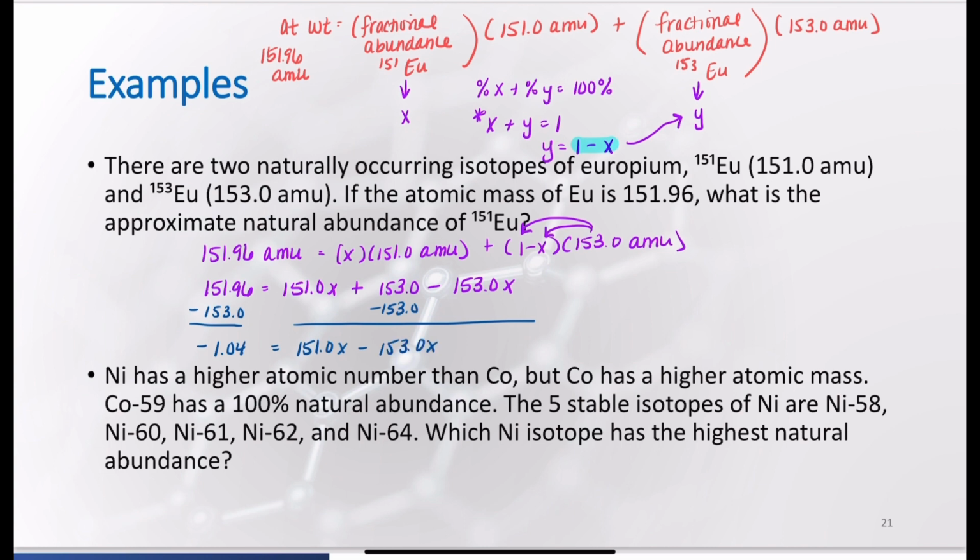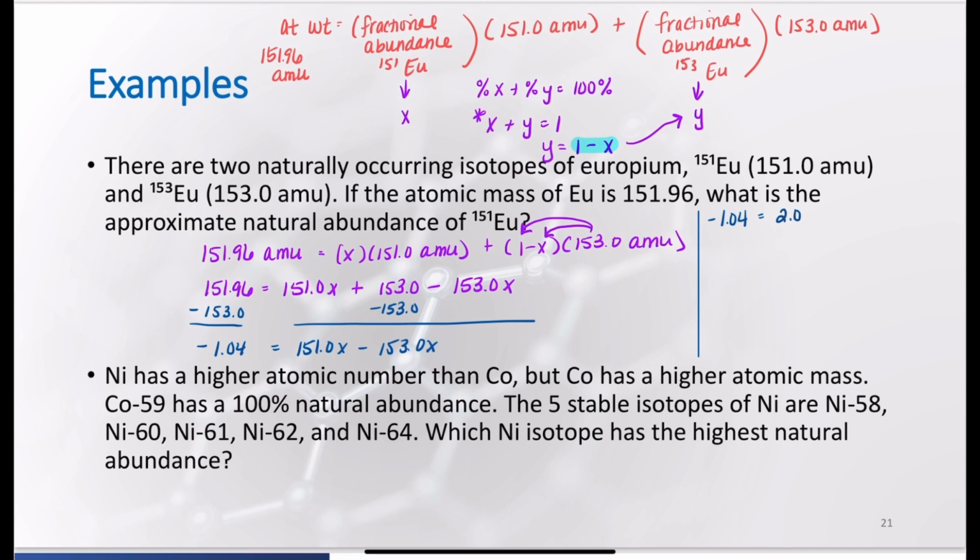Now I can combine these two. I apologize, this question was supposed to be intended to do just conceptually, but I'd like you guys to see the examples as well, so we will do another example like this, and getting more practice is helpful. I have negative 1.04. This is equal. Now I'm going to take that 151 minus the 153.